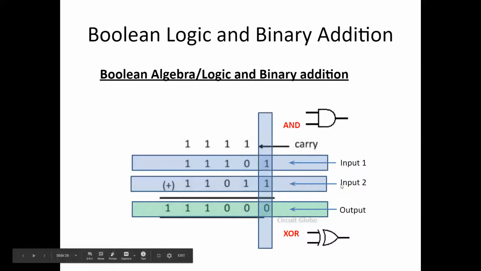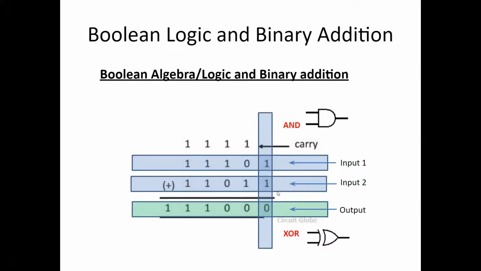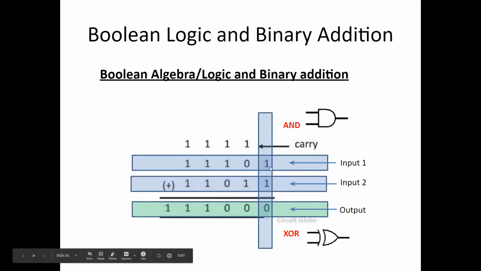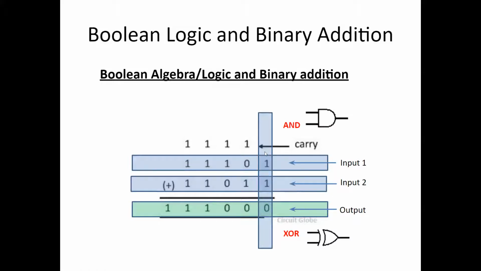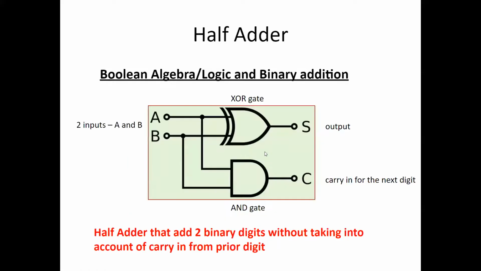As you can see in the output over here, the output will only be 0 if they are both 1 or they are both 0, and it will only carry if both of them are 1. So the half adder. This is a little bit complicated.